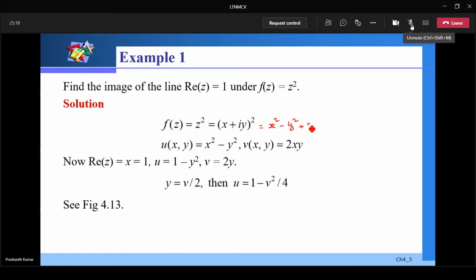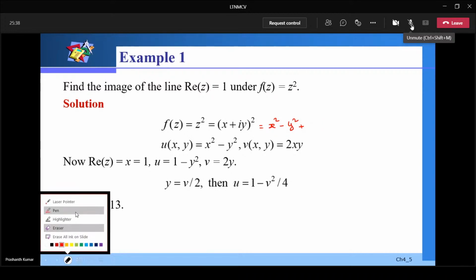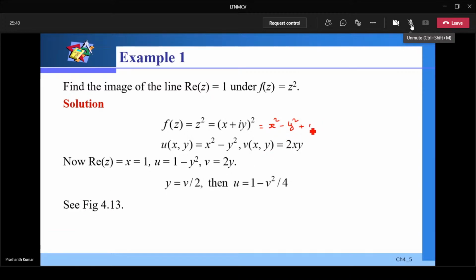So that is 2ixy, or i into 2xy అని కూడా రాయొచ్చు దీన్ని.